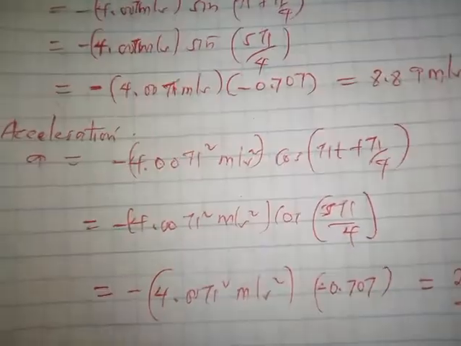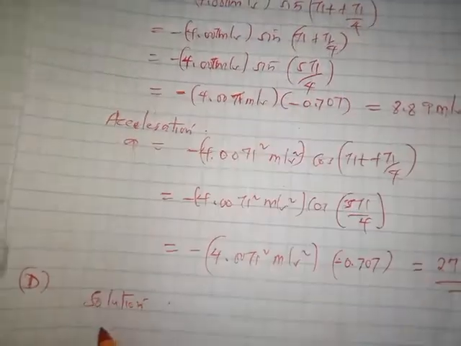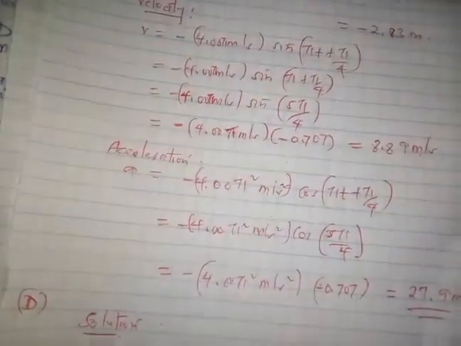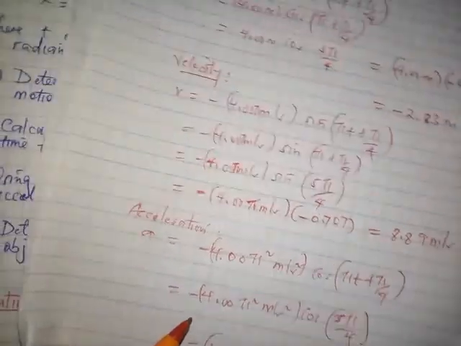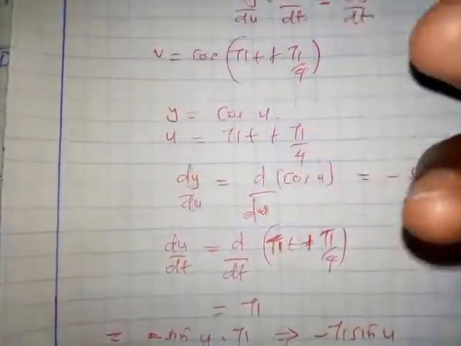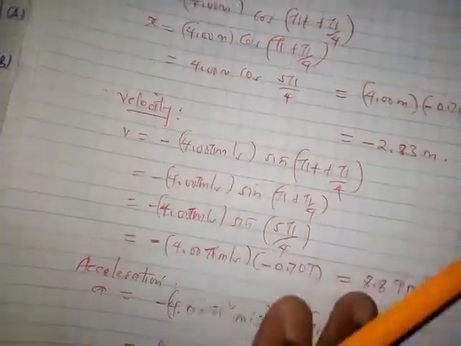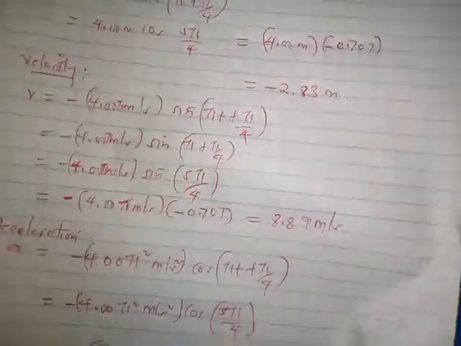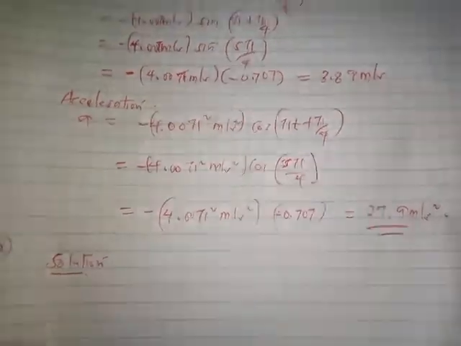Solution for part D. Remember, in the general expressions for velocity and acceleration found in part B, we use the fact that the maximum values of the sine and cosine functions are unity. When we say unity, we mean 1.